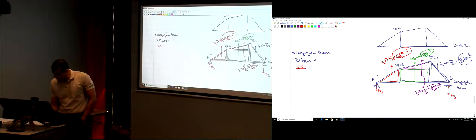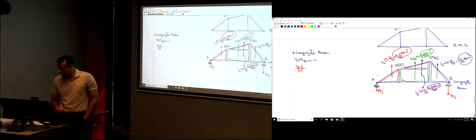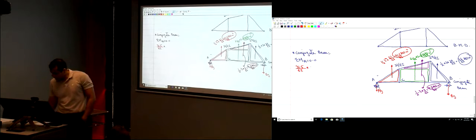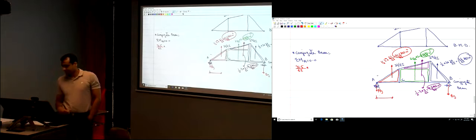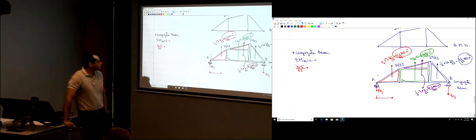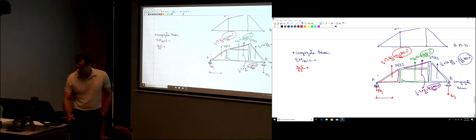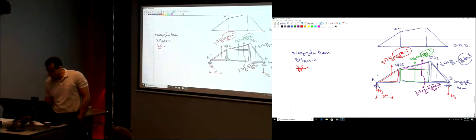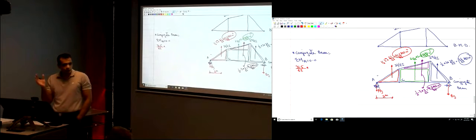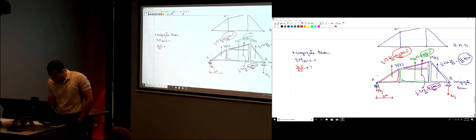It's the magnitude of the force, 31.5 divided by EI multiplied by its distance. How much is this distance? 2 meters. This load is at 2/3 L and 1/3 L, the location of the centroid of the triangle. So 2 meters.